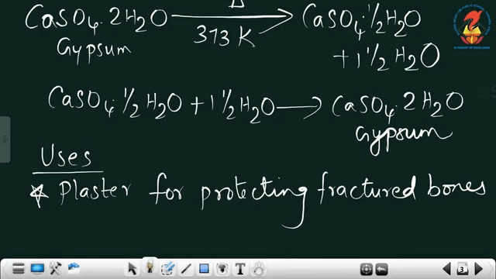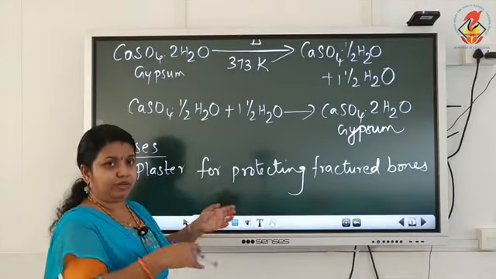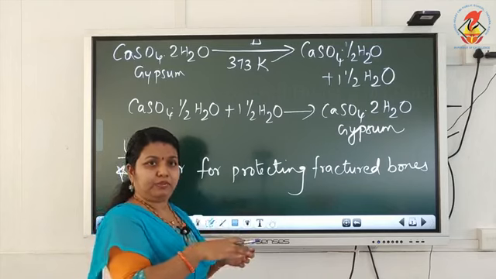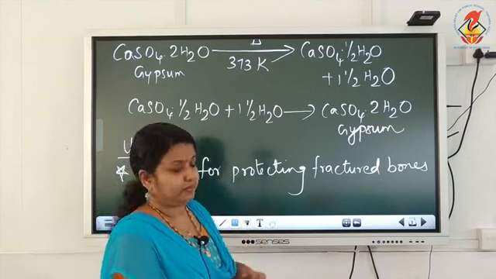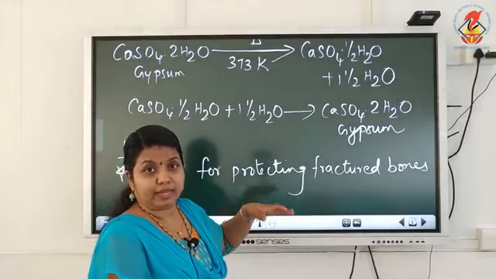Many of you might have had fractures. Then the hard plaster that is applied over it is plaster of Paris. It is mixed with water. When this plaster of Paris is mixed with water, it sets into a hard mass of gypsum. So it is used as a plaster for protecting fractured bones in the right position.